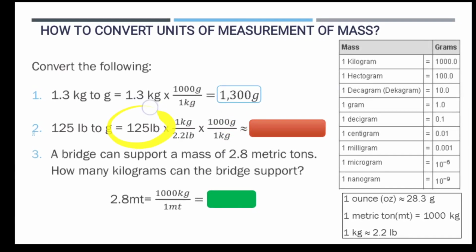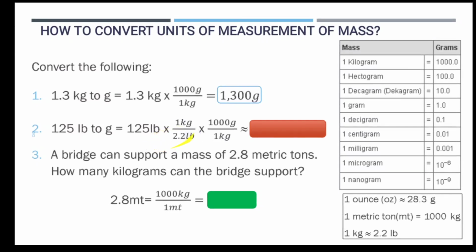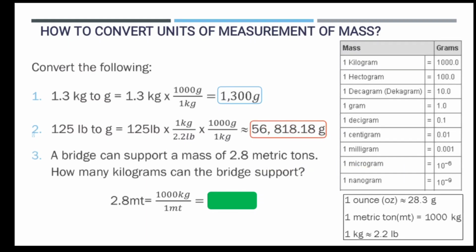So 125 times 1 times 1,000 grams is 125,000 grams. Then 2.2 times 1 is 2.2. After that, 125,000 divided by 2.2 is equal to 56,818.18 grams.